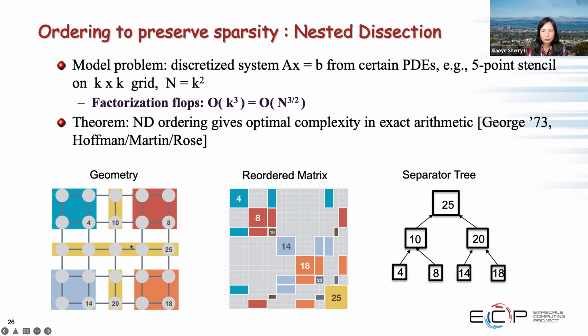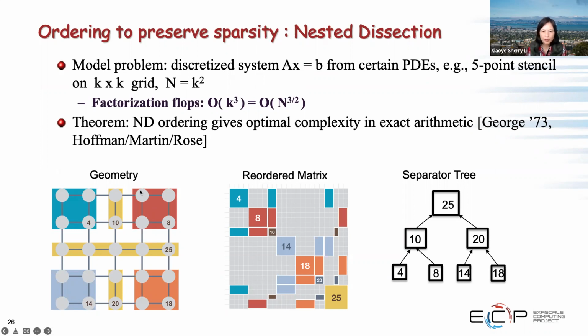What you do is try to find some set of vertices, which we call a separator, to partition the graph into two parts. After this partition, the Gaussian elimination for that part has nothing to do with the Gaussian elimination on this part. That's the idea: try to localize your fill from a top-down approach.